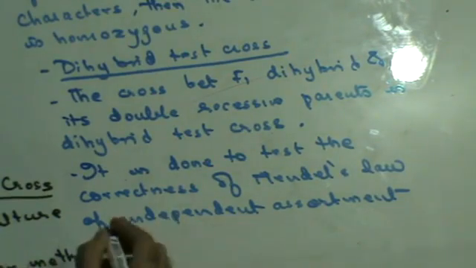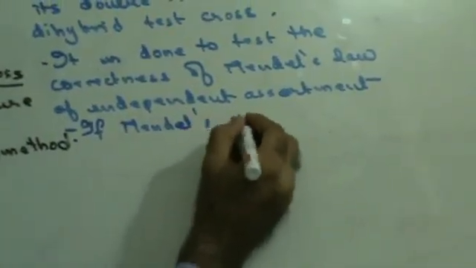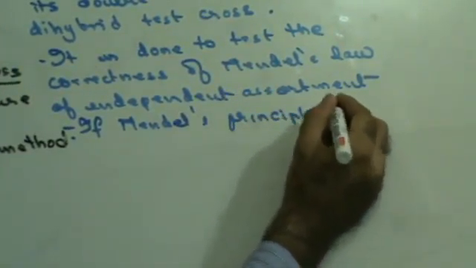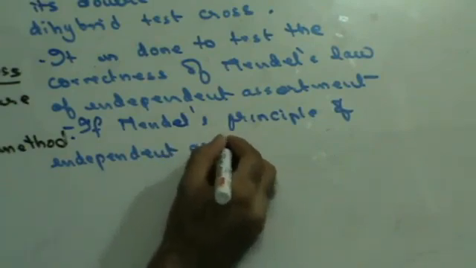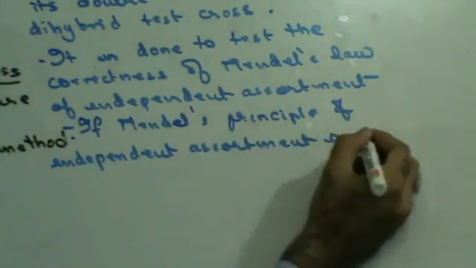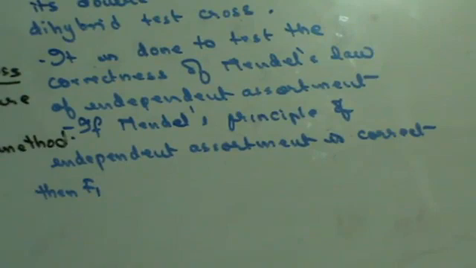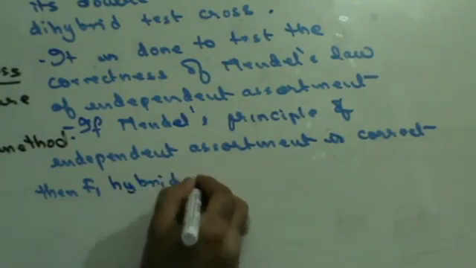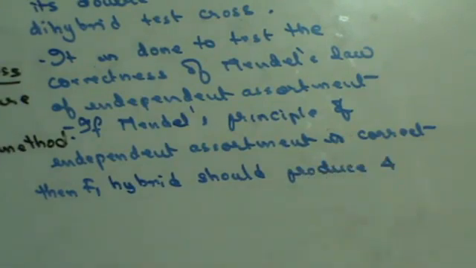In dihybrid, if Mendel's principle of independent assortment is correct, then the F1 hybrid should produce 4 types of gametes.